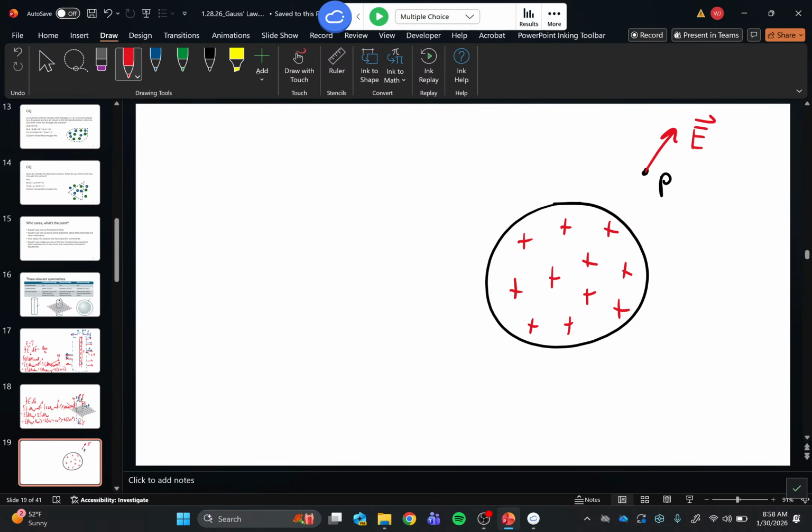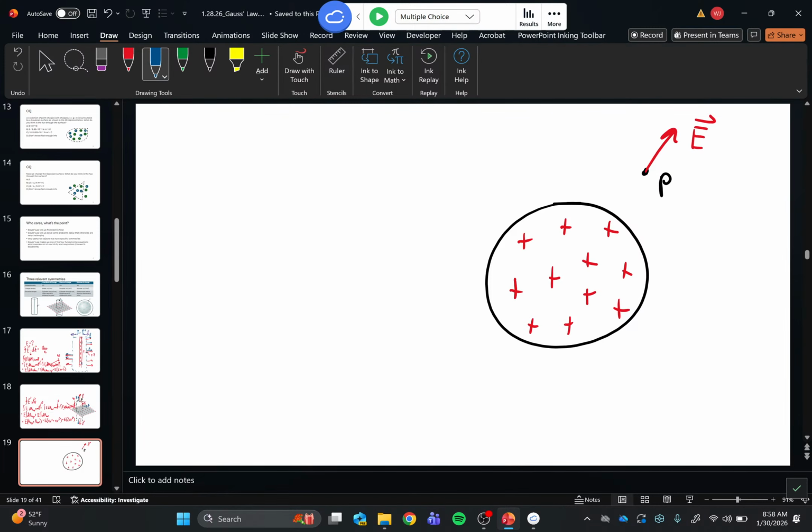Why is it up to the right? If you pick some random charge over here, that's going to make an electric field that kind of points away from that. You have another one that's over here, symmetry, symmetry. For every charge, there's another one on the other side that's going to kind of cancel it out. So the electric field is just going to point directly away from it.